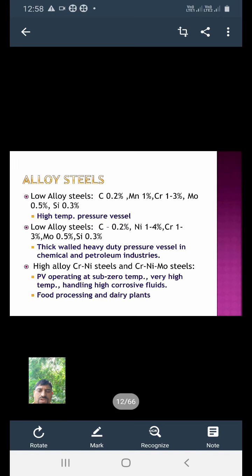They are also used in food processing and dairy plants. All of you note that alloy steel is very important. Most of the time when you design a pressure vessel for the petroleum or chemical industry, or food processing and dairy plants, we are using alloy steel.